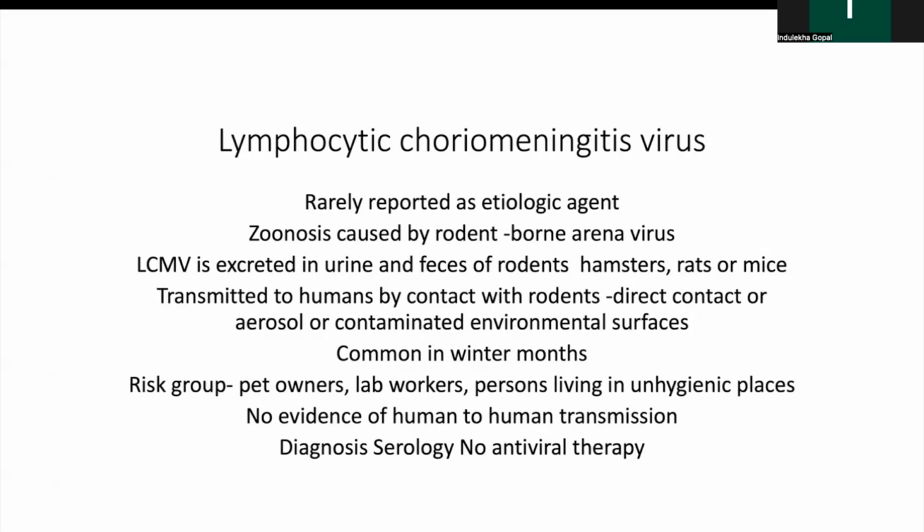It's common in winter months. The risk groups are pet owners, lab workers, and persons living in unhygienic places. There is no evidence of human-to-human transmission, diagnosis is by serology, and there is no antiviral treatment.